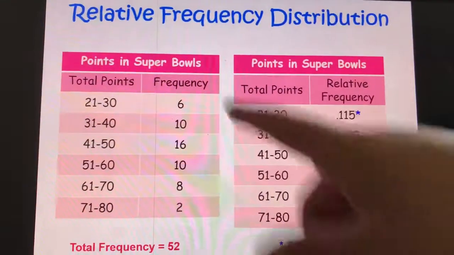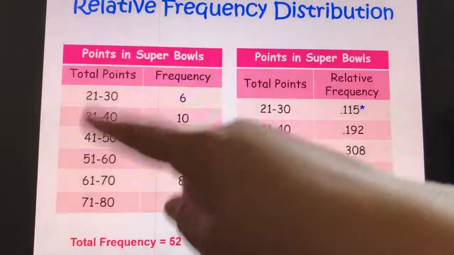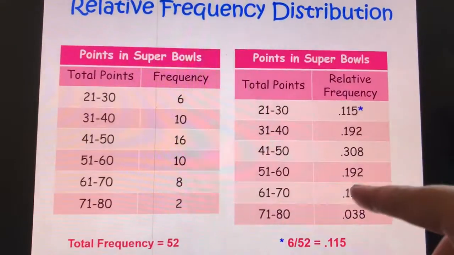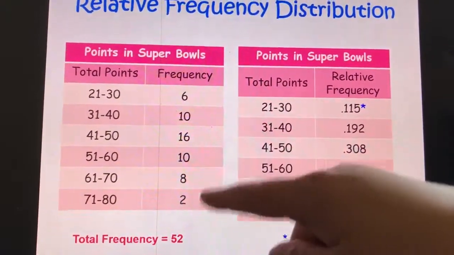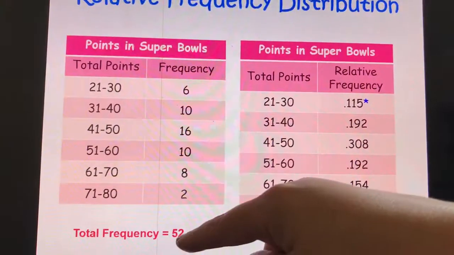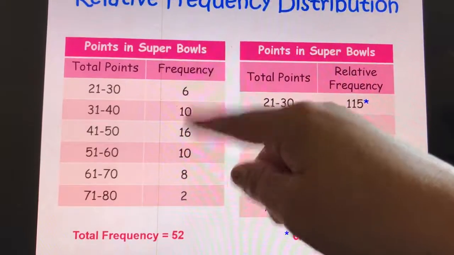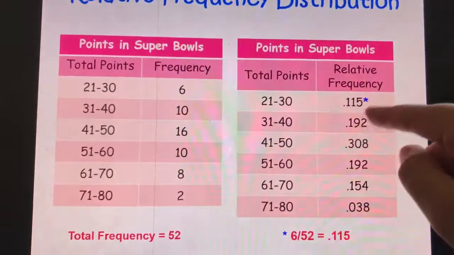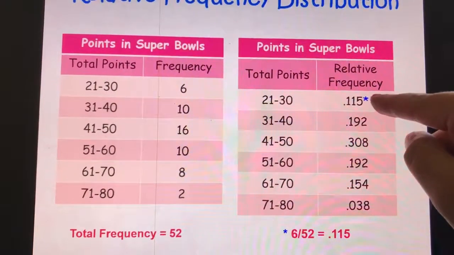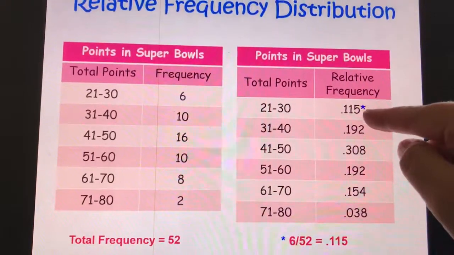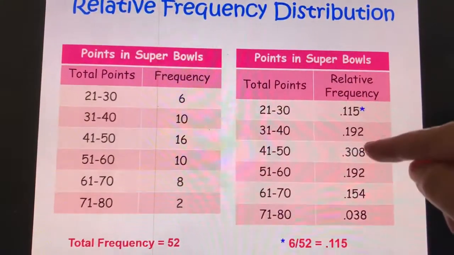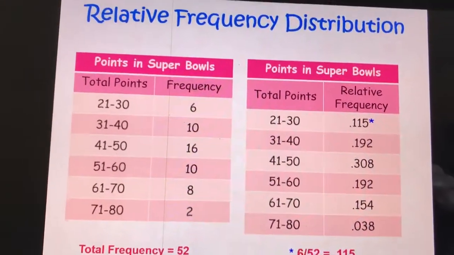So if we use our original frequency distribution here to make a relative frequency distribution, there's been a total of 52 Super Bowls, so you take your frequency divided by your total, so 6 divided by 52, that gives us 0.115, and I rounded these to 3 decimals. And then 10 divided by 52 is 0.192, and so on.